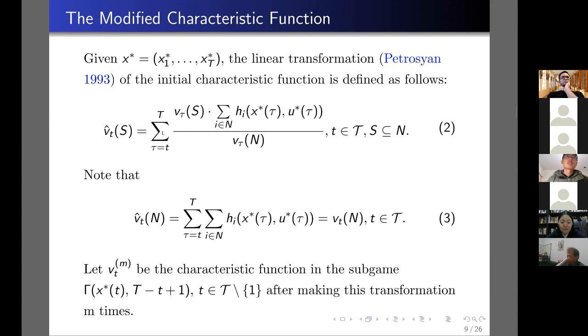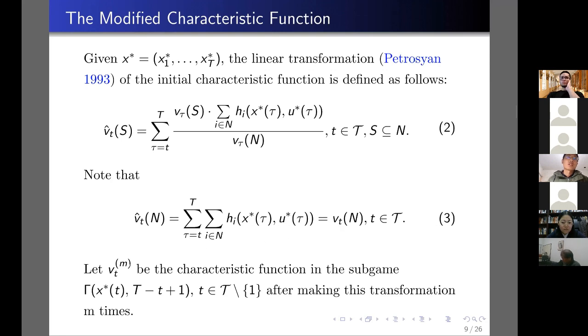We take this summation as the new characteristic function of the modified game. Note that this linear transformation does not change the worth of a grand coalition. That is, V hat t of N is always equal to Vt of N.